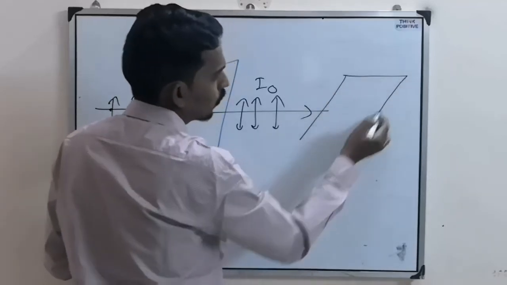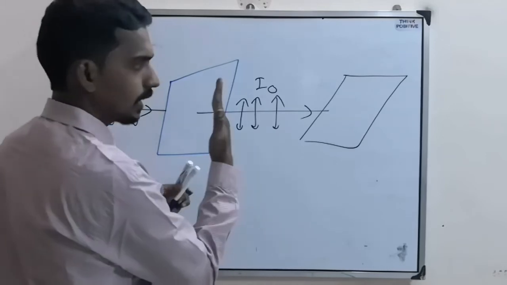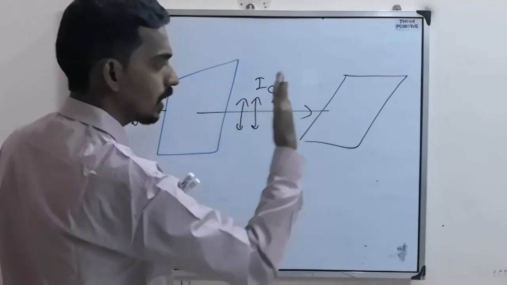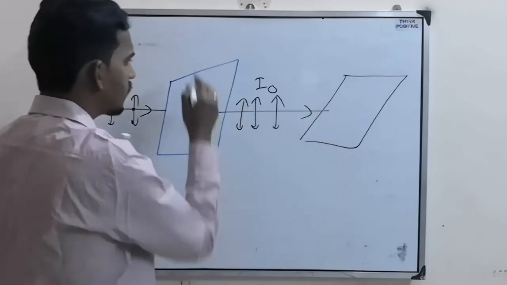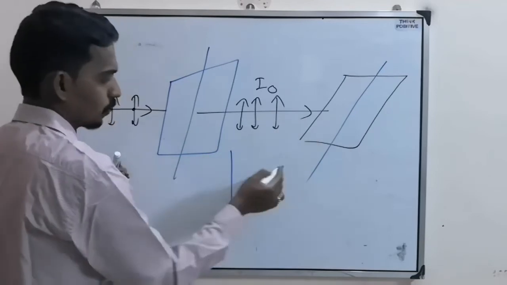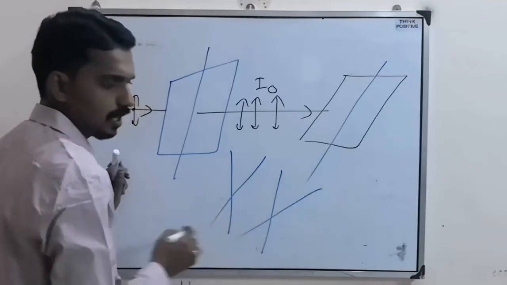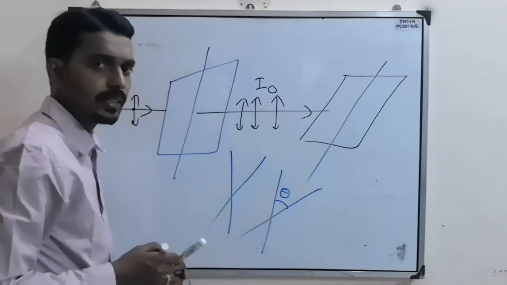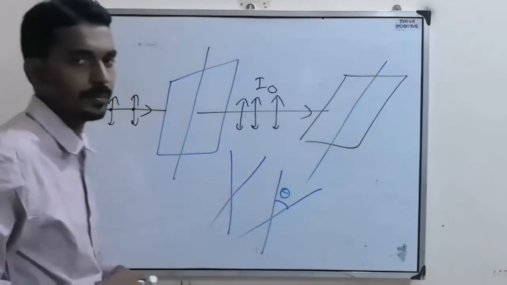Now you place one more, but here the difference is that one is straight and one is tilted like this. So there is some angle between the transmission axes of the first Polaroid and the second Polaroid.